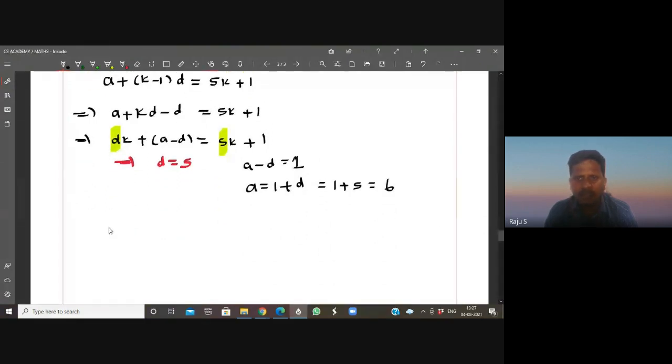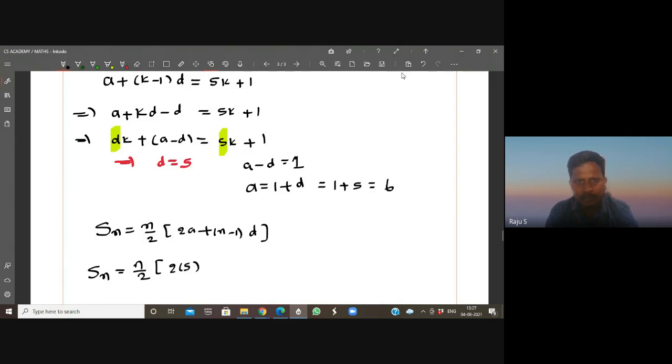Then after that, Sn is equal to n by 2 of 2a plus n minus 1 into d. We want to find the sum of n terms. So 2a, 2 into 6, since a value is 6, plus n minus 1 into d, d is 5.